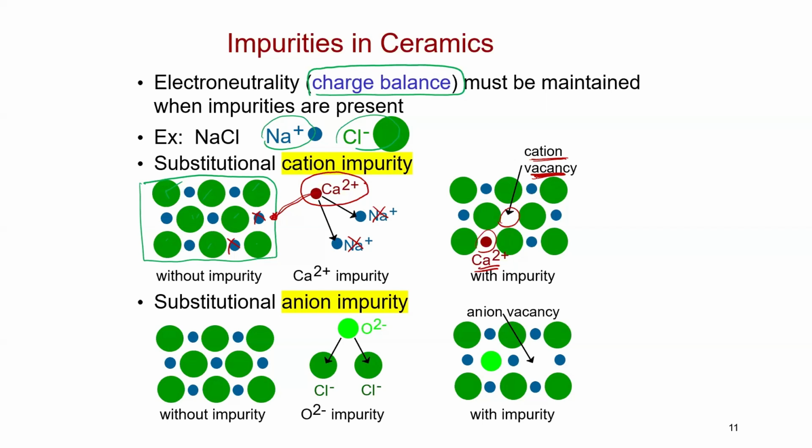It is the same with the anions. We can have oxygen as an impurity, oxide or O2 minus. As the valence is O2 minus, to have this one here, we need to take off 2 chloride ions. When you take 2 chloride ions, an anion vacancy is created along with the impurity.